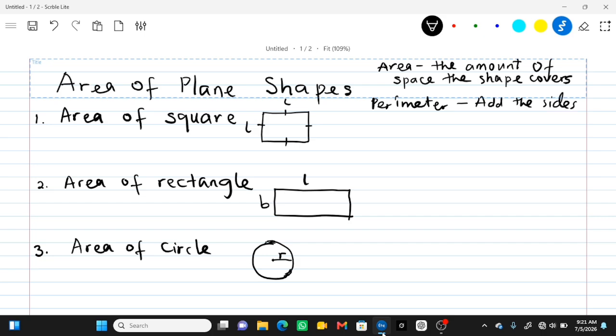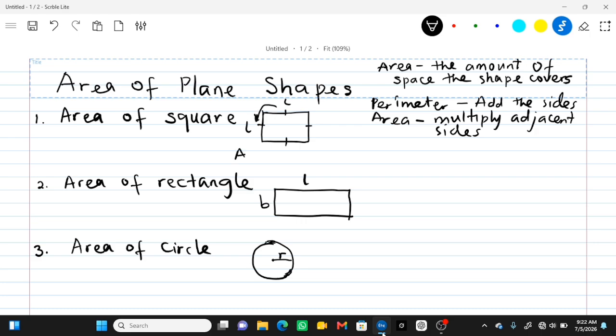But in area we multiply adjacent sides. So for example, here and here, multiply this and this.